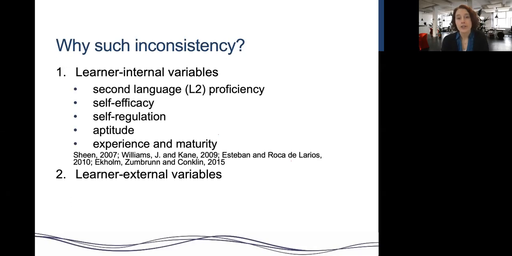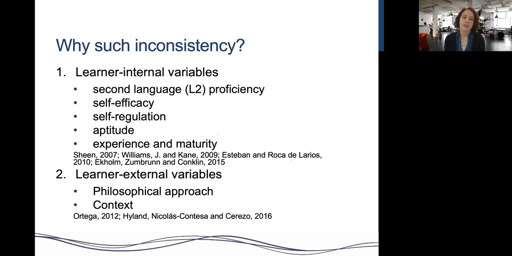So learner internal variables would include second language proficiency, self-efficacy, self-regulation, aptitude, experience, learner maturity. All of these have been investigated and have been shown to different degrees to potentially impact on learners' ability to use and benefit from corrective feedback.